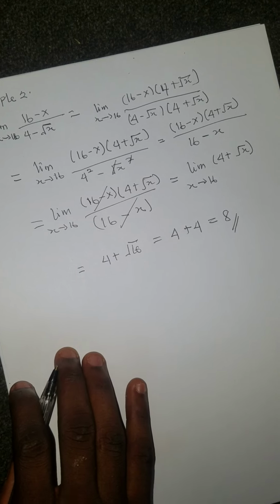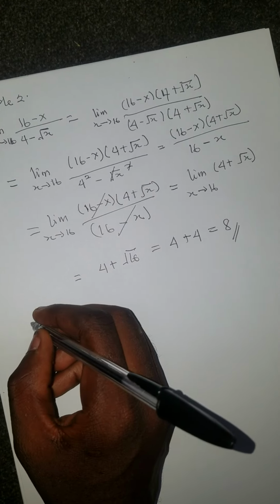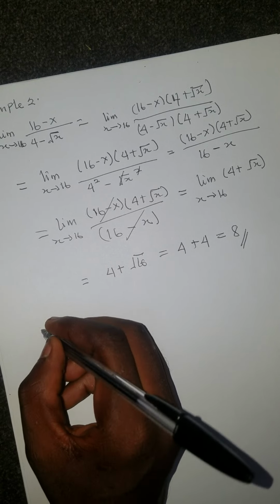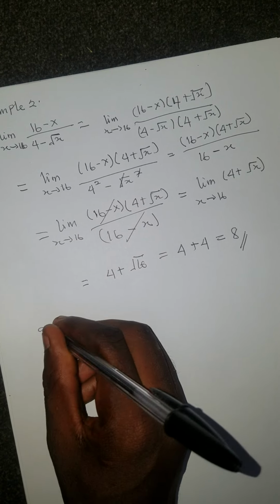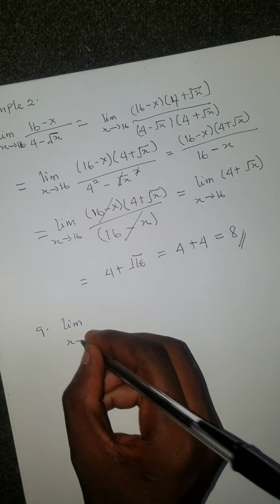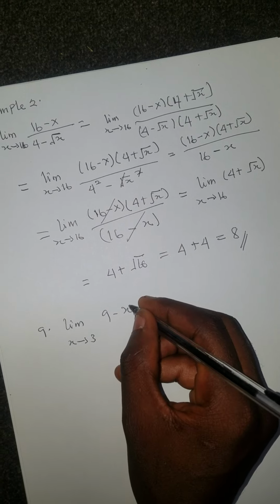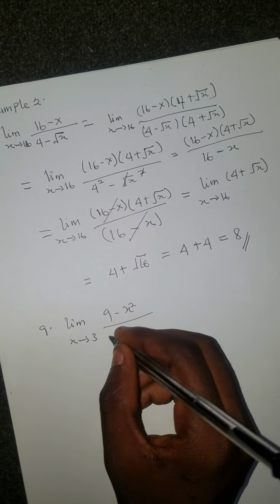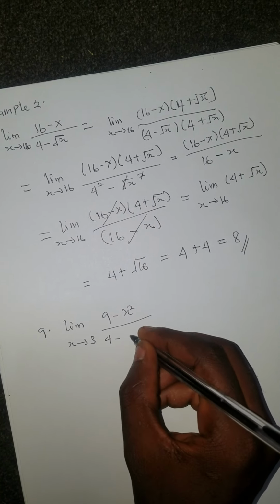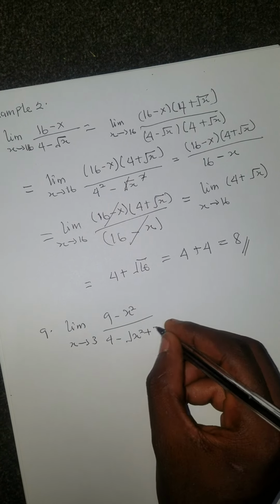Now the next question I'm giving to you as a trial. Next question, lim x approaches 9 of 9 minus x square all over 4 minus root of x square plus 7.